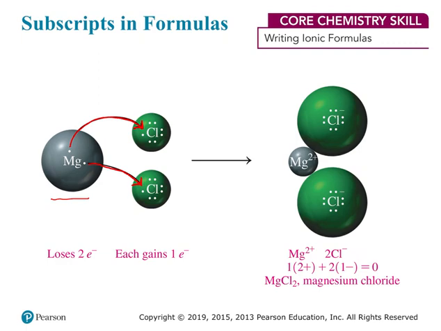Then we have a magnesium ion with a 2+ charge and 2 chloride ions, each with a 1- charge. If we look at the mathematical expression down below, we have one 2+ charge and two 1- charges, and when we add those together, they balance out so that we have an overall neutral compound.